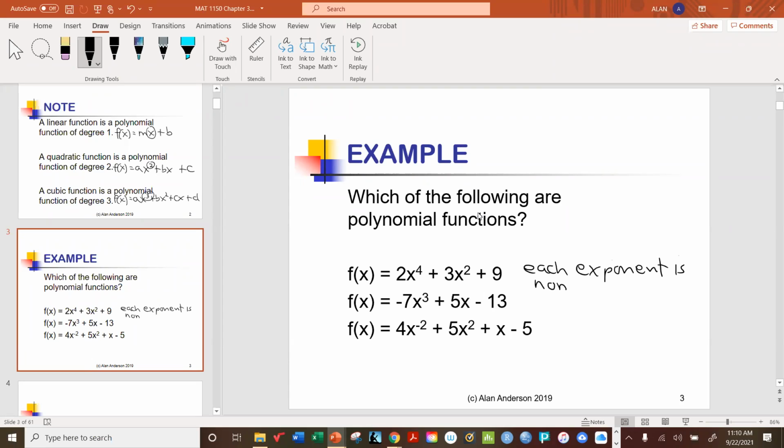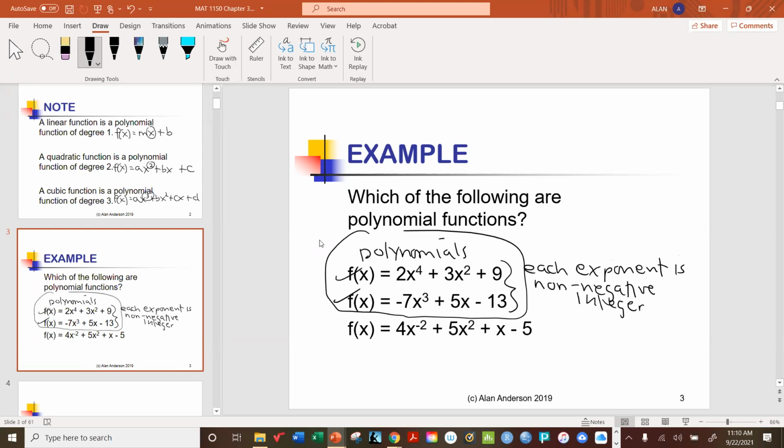No, the last one is not fine. Oh, wait, never mind. I see it. My bad. You're right. The first two are okay. Yes, you're absolutely correct. This one is not. So these are polynomials. Not so this one.